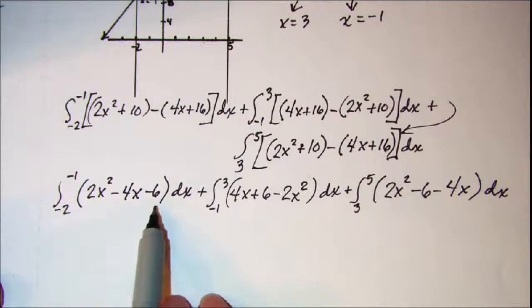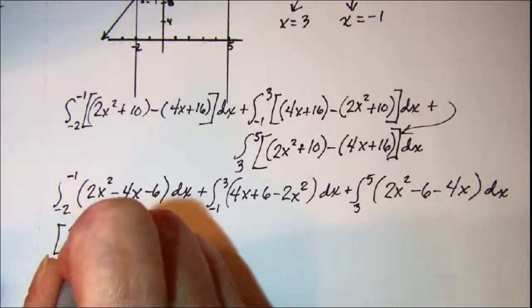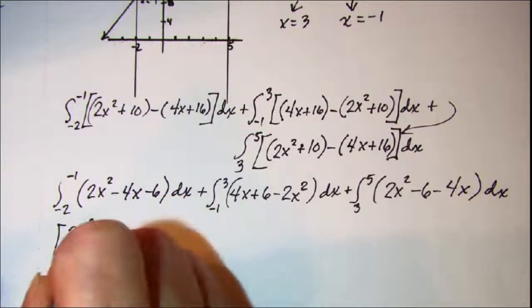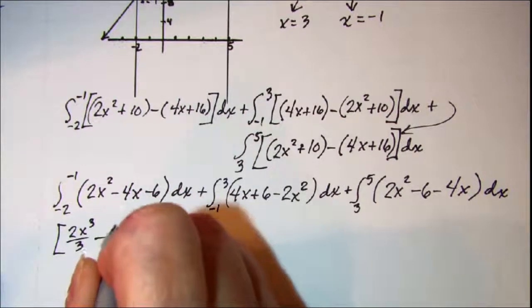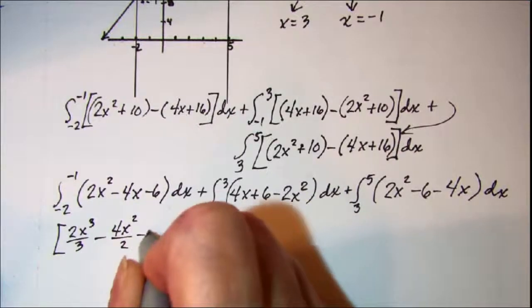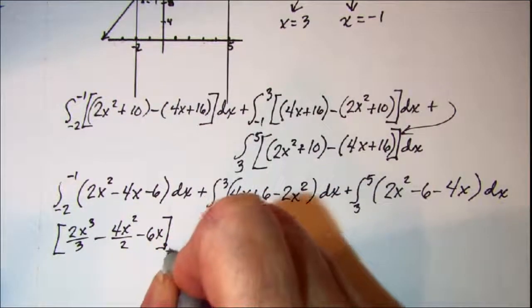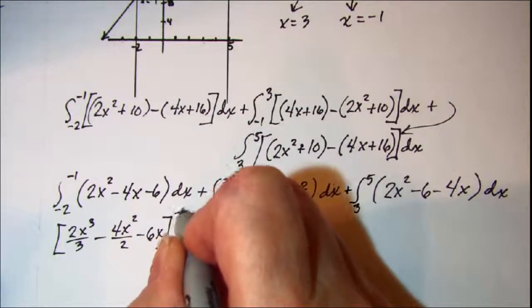And on this first one, I have 2x cubed divided by 3 minus 4x squared divided by 2 minus 6x. And I'm evaluating from negative 2 to negative 1.